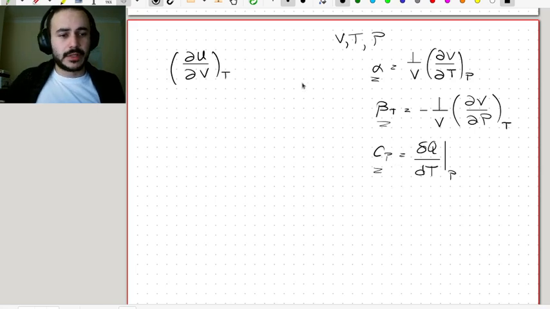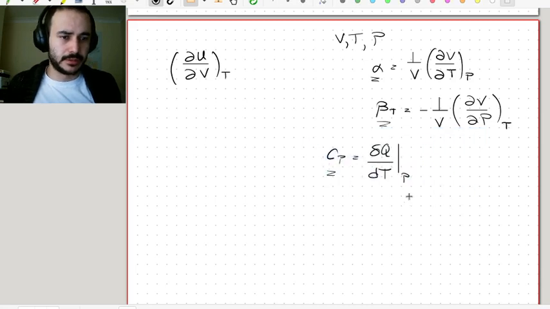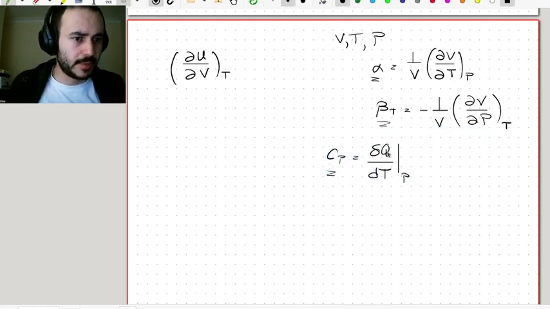So this heat capacity at constant pressure, actually, let me write it down a little bit more explicitly. Remember that the reversibly absorbed heat, by the second law and the Clausius theorem in particular, is TdS.